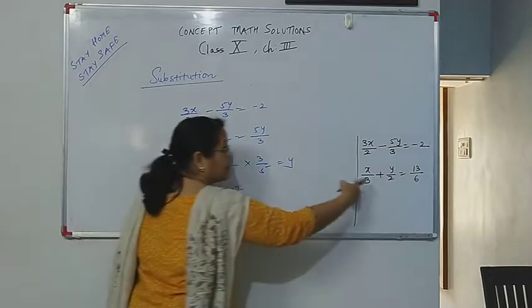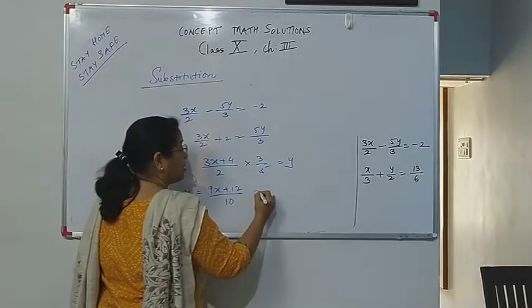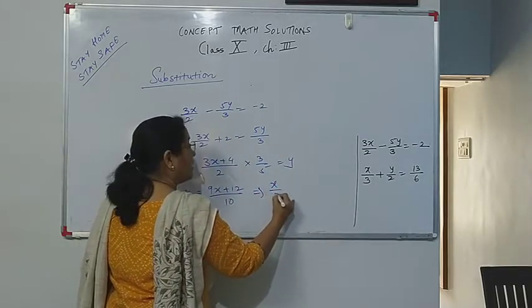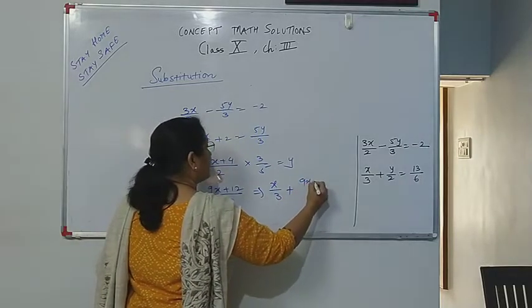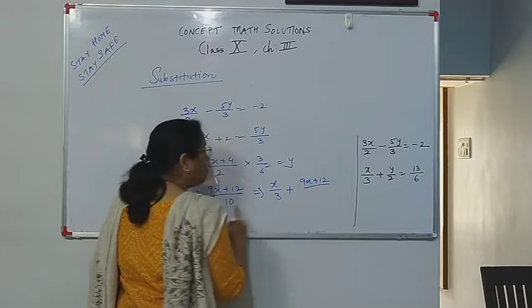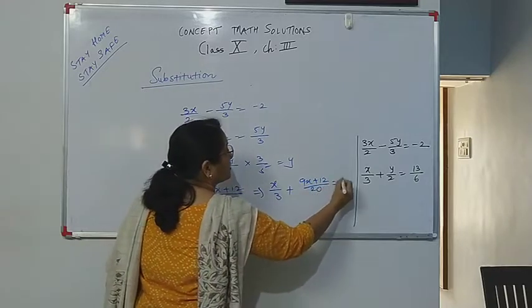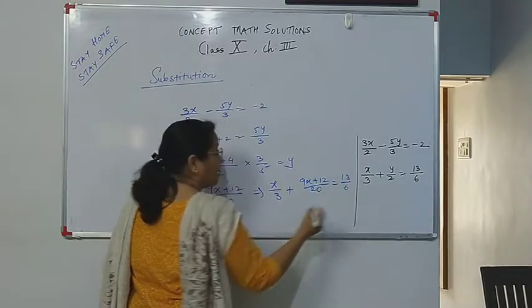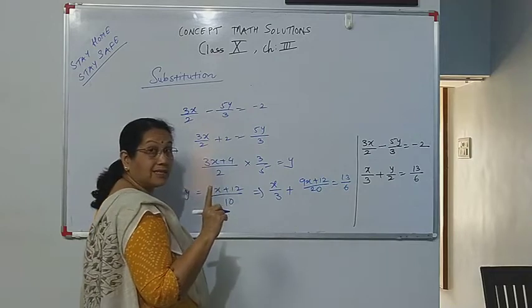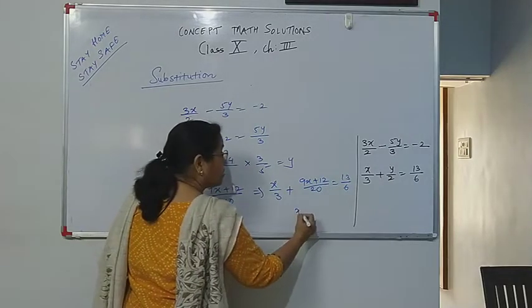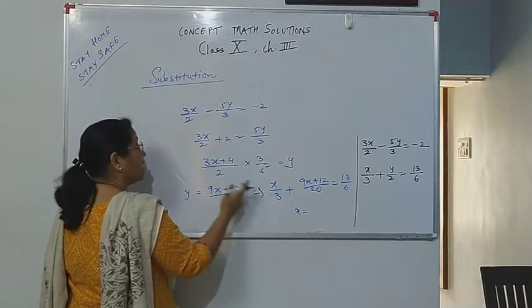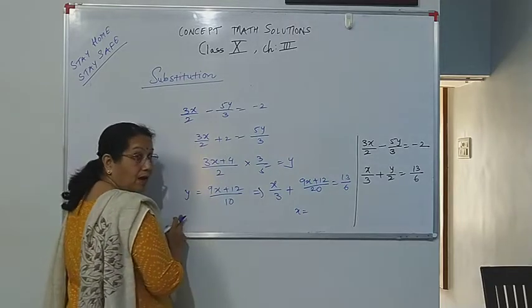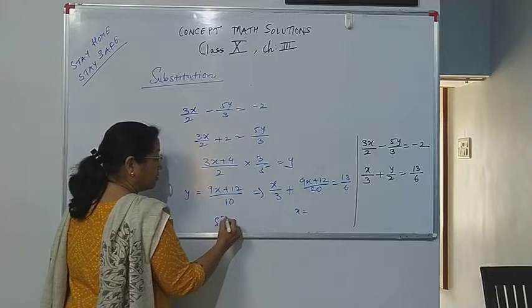This y I substitute in the second equation now. So I have x by 3 plus y by 2. So 9x plus 12 by 2 into 10, 20 is 13 by 6. And now all of you know how to take LCM and solve. Get x from this solving and substitute this x here to get y and then get the solution.